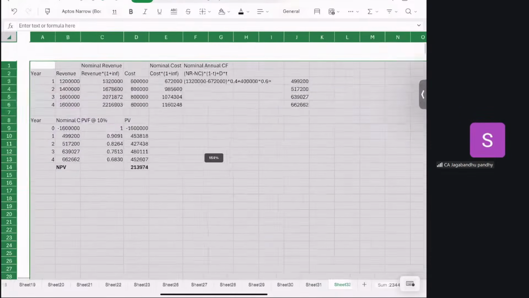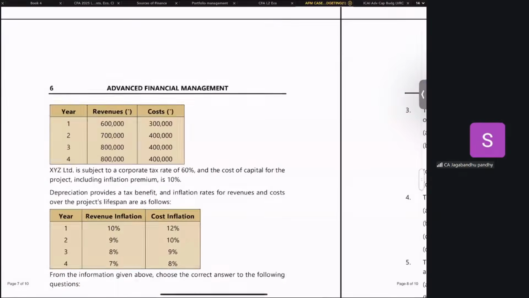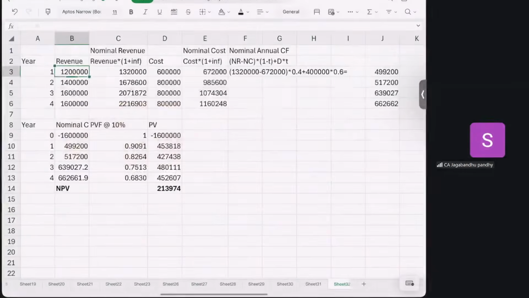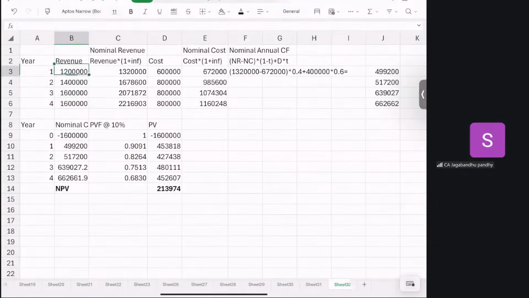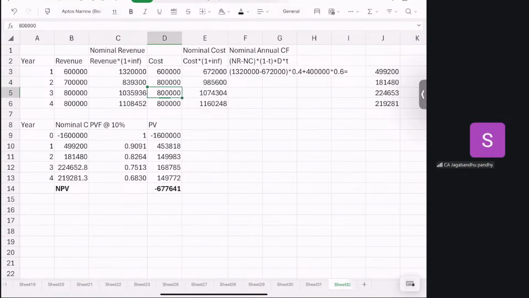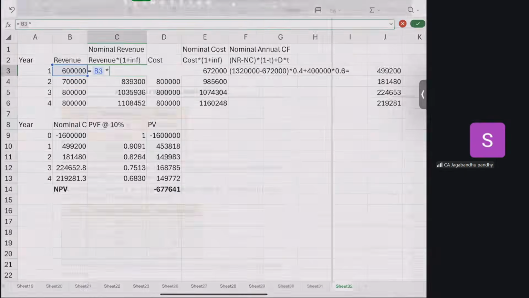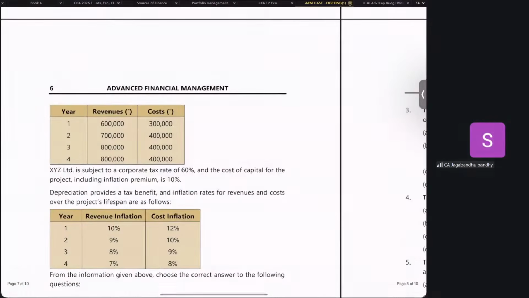So the revenues that we have is what? 6 lakh, 7 lakh, 8 lakh, 8 lakh. Just verify the nominal revenues.